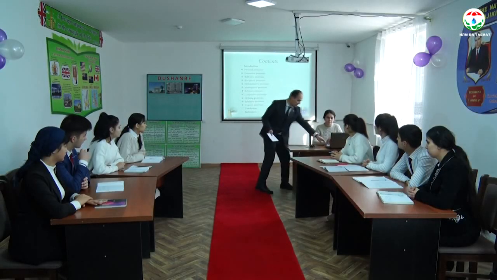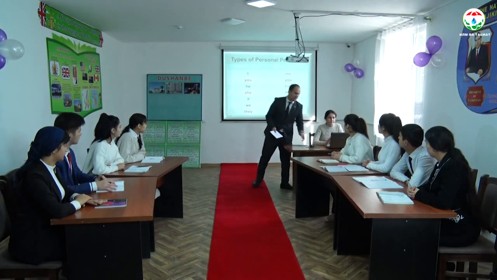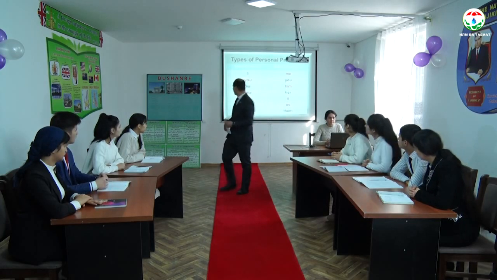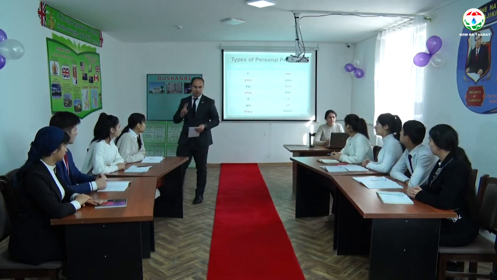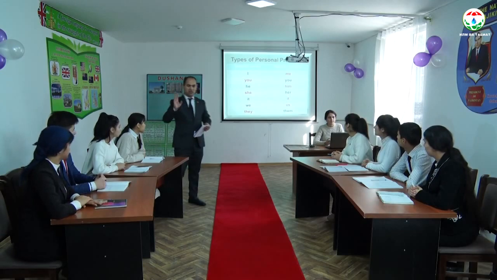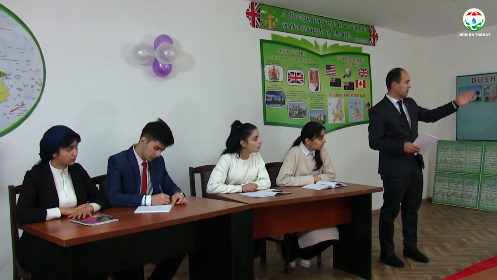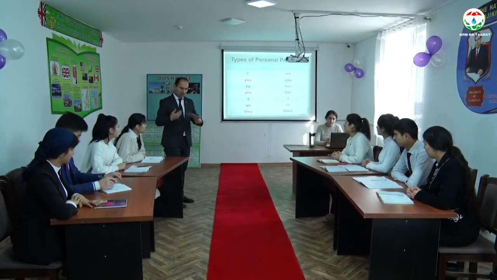There are two types of personal pronouns, nominative and objective. We can also say subject and object. Subject: I, you, he, she, it, we, they. Object: me, you, him, her, it, us, them.